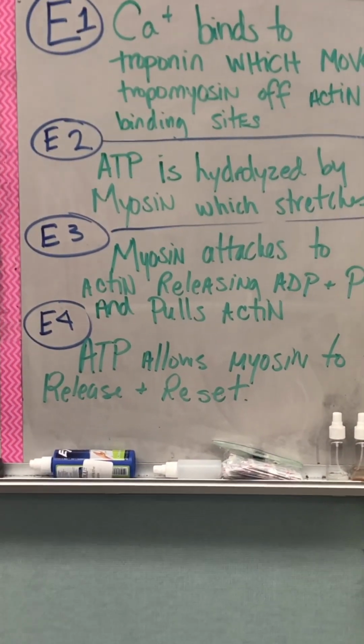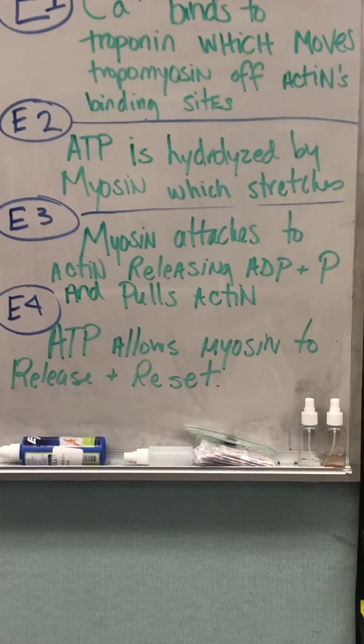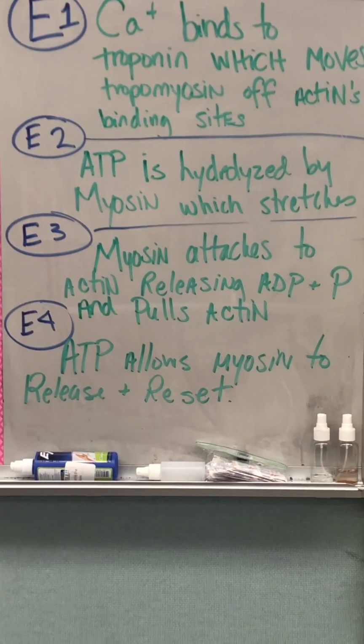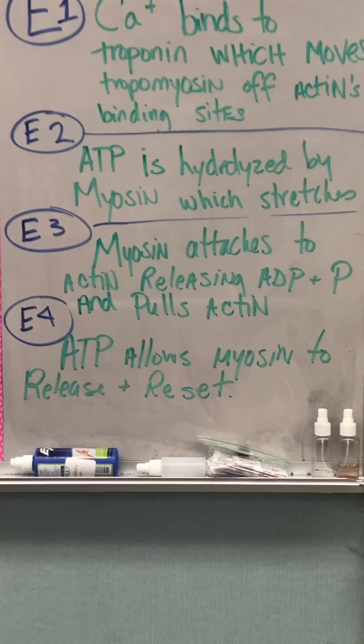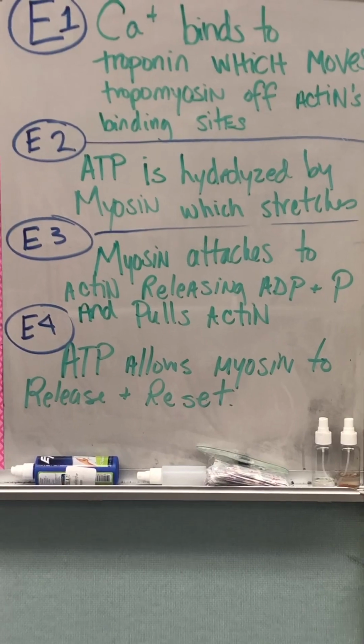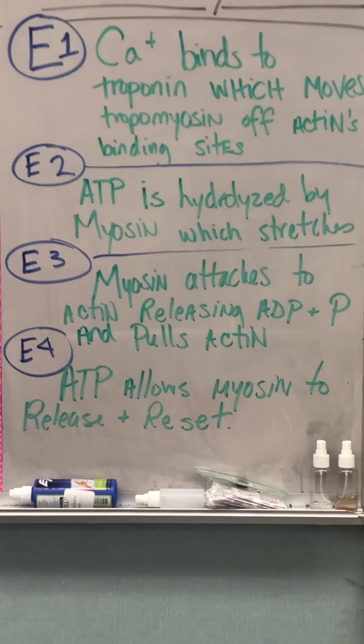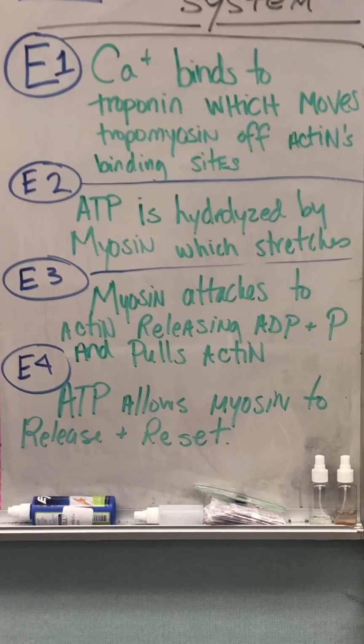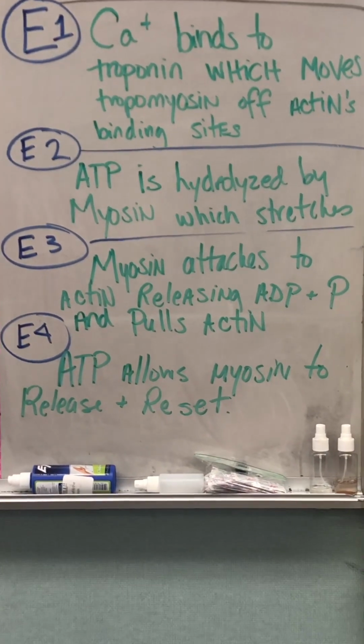Lastly, that myosin is going to stay in that pulled end position until another ATP arrives and allows the myosin to release the actin and go into that ready position, or reset position.